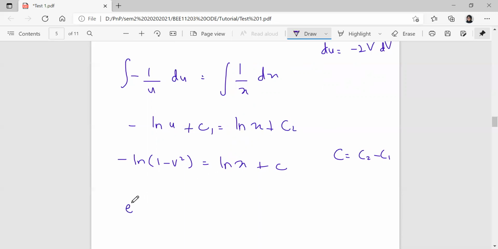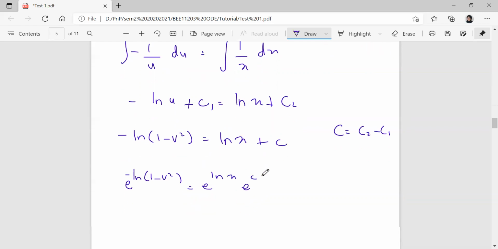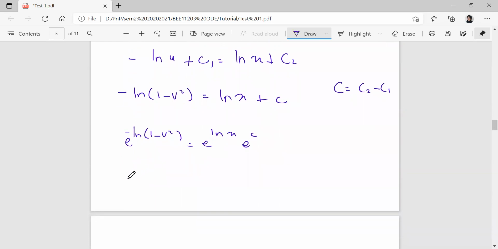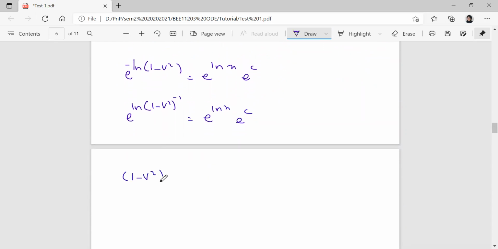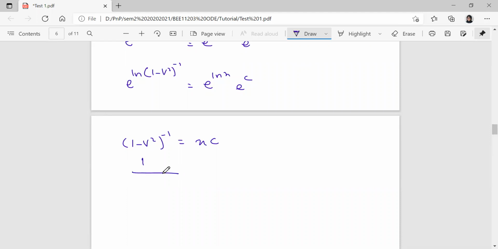You have e to the minus ln of 1 minus v square equals e to the ln x times e to the c. The minus becomes a power, so 1 minus v square to the power of minus 1 equals x times e to the c. So minus 1 power means 1 over 1 minus v square equals c x.